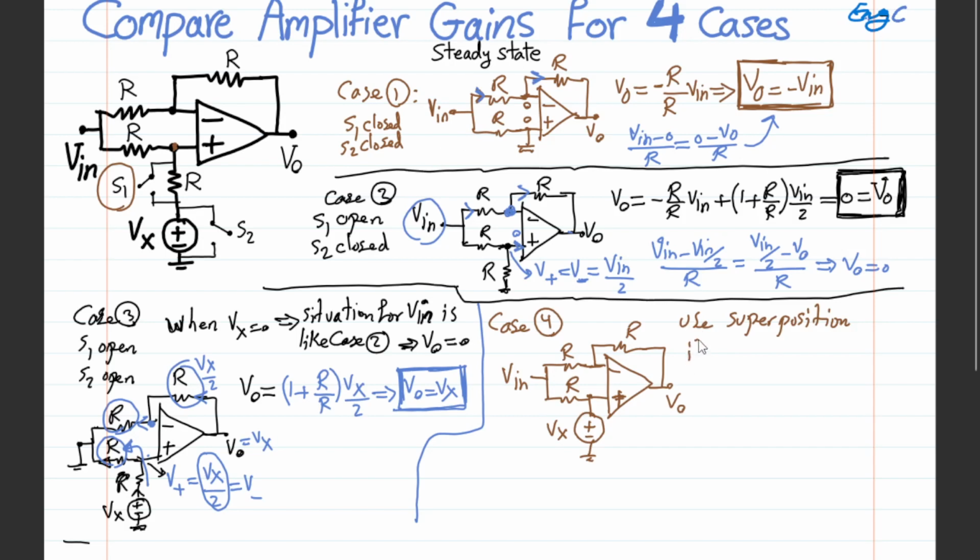So if Vx is 0, we are back to case 1. And as a result, it means V out is simply negative V in. That is the contribution of V in to V out.